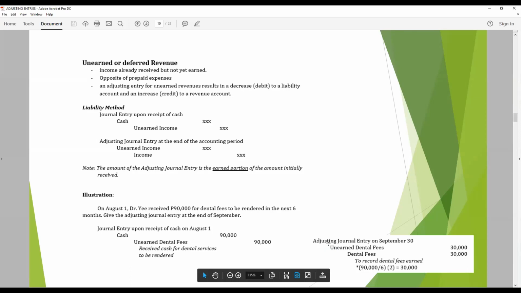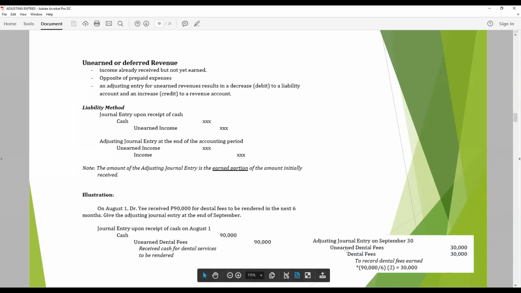So, ang entry nyo is debit unearned dental fees, 30,000. Tama ba? 30,000. 90,000 divided by 6 times 2. Yan, tama. So, unearned dental fees, ide-debit nyo na yung liability kasi earned nyo na siya.